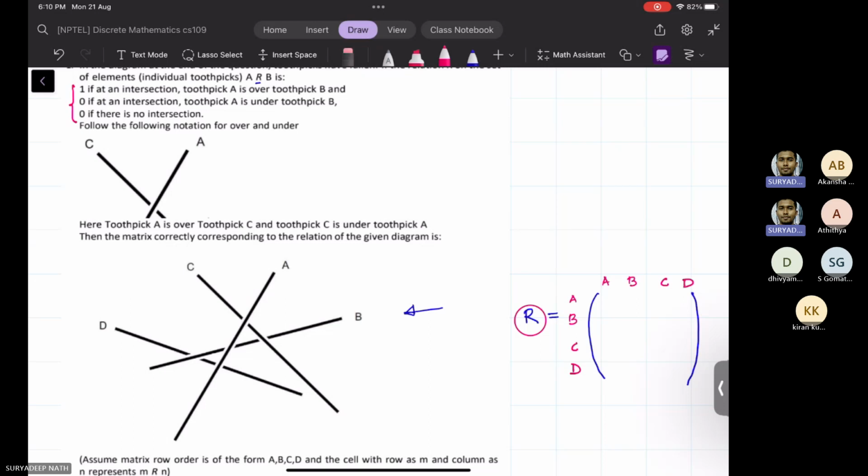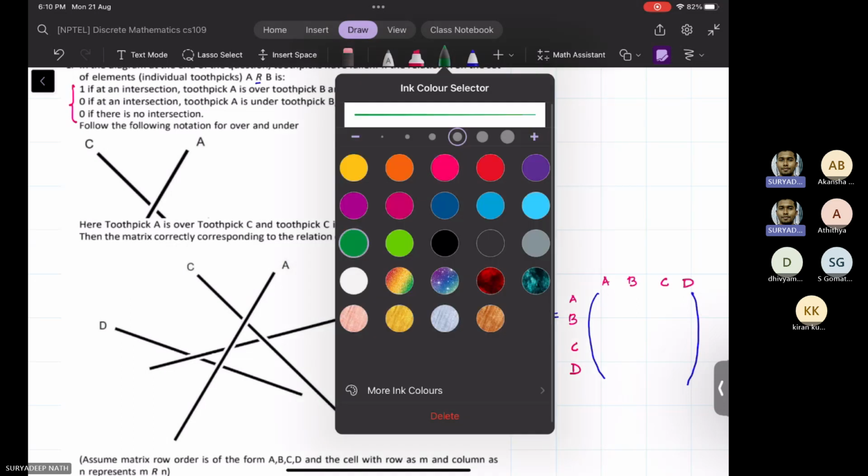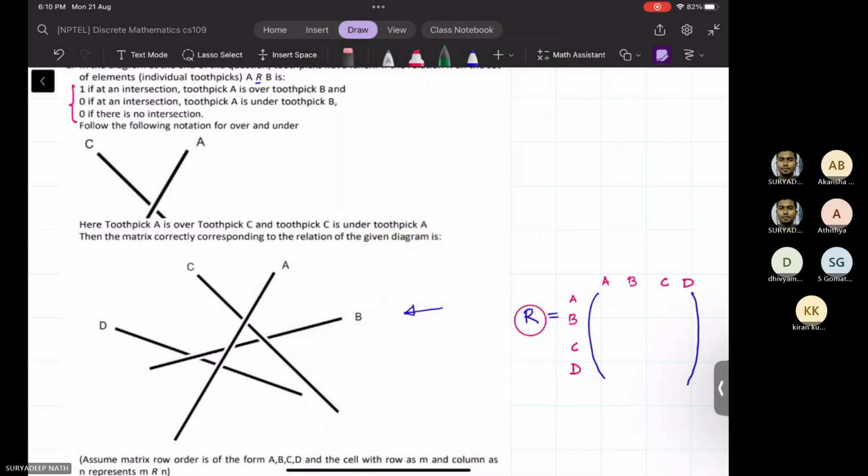So yeah, the relationship between A and A is 0 because there is no intersection. Given a toothpick, it's neither over nor under, nor is there any intersection with itself.